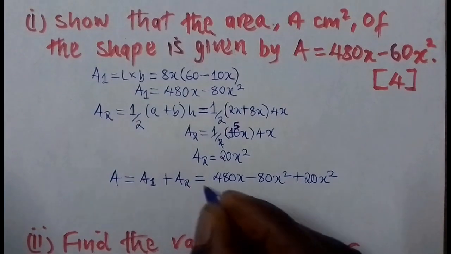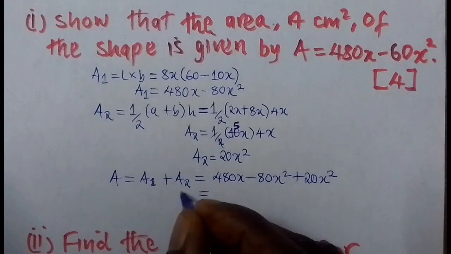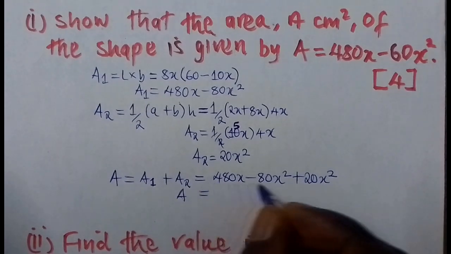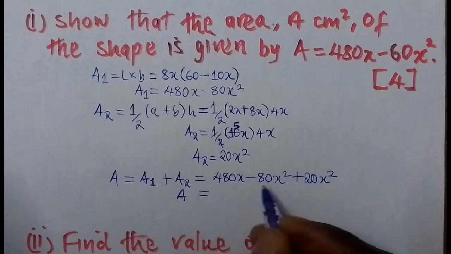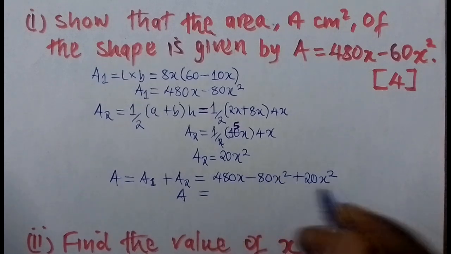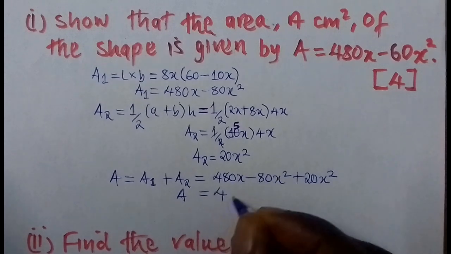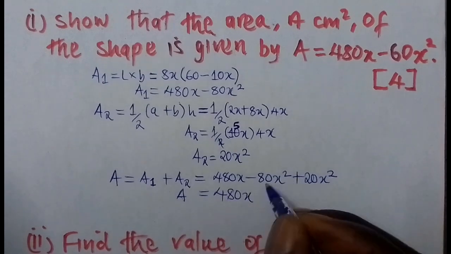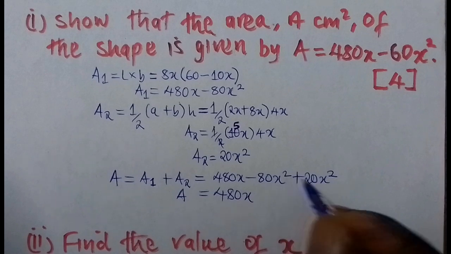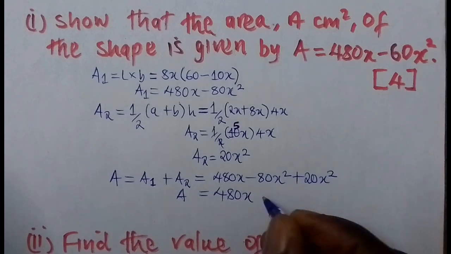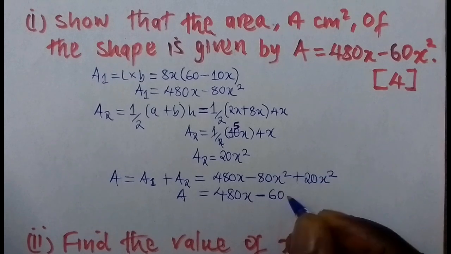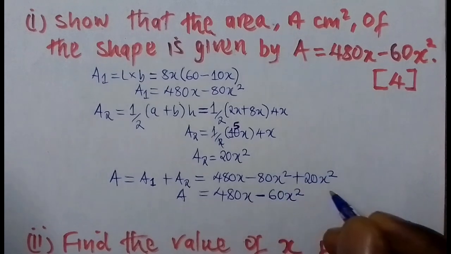So in this addition of the two areas, the last two terms are the ones that are going to be worked out. So we maintain 480x and we add these two, negative 80x square plus 20x square, so this gives negative 60x square.